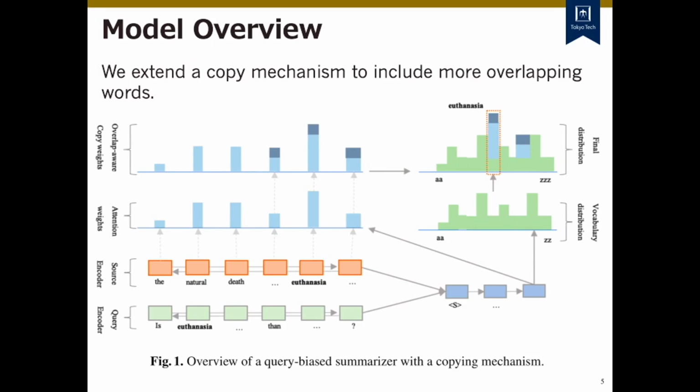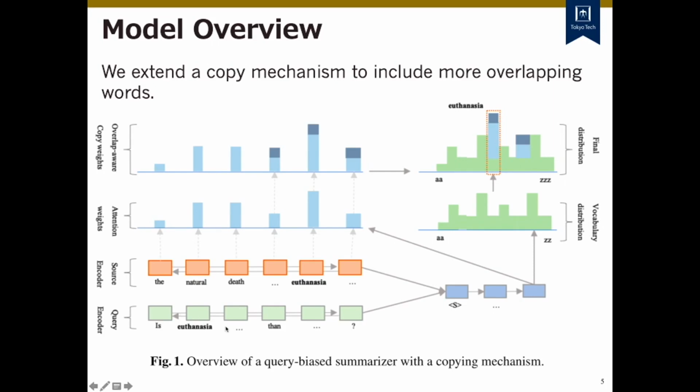In this slide, we introduce some key points of our model, so please refer to our paper for the detailed formulation of our model. Our model uses an encoder-decoder architecture, so the architecture can be divided into two parts.